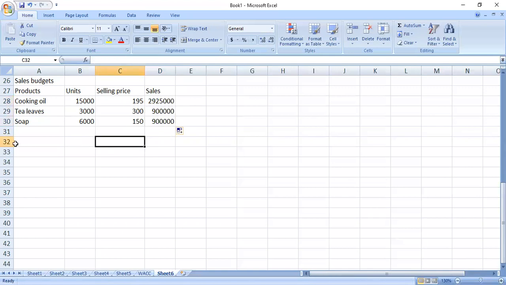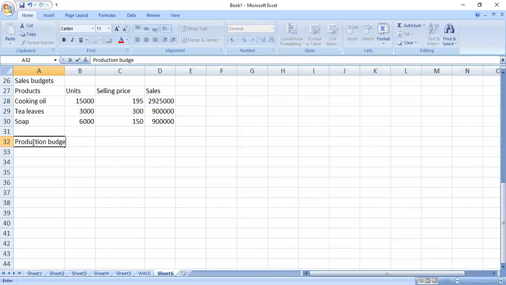But then you go to the next thing, which is the production budget. I want to emphasize that this is in units. Production budget, like I already told you, looks out for what you actually produced, and so it's dependent on the sales. However, since there are three products, the arrangement just changes.